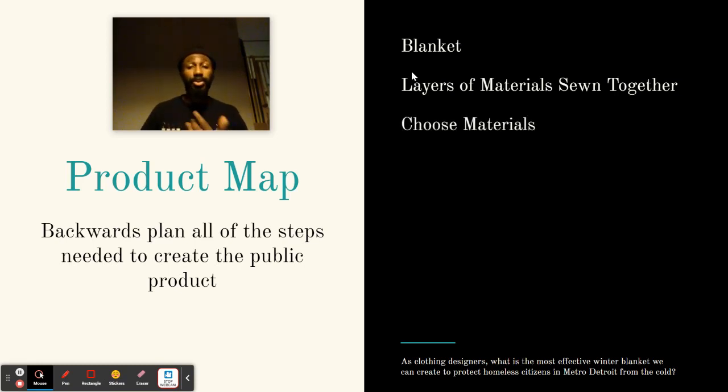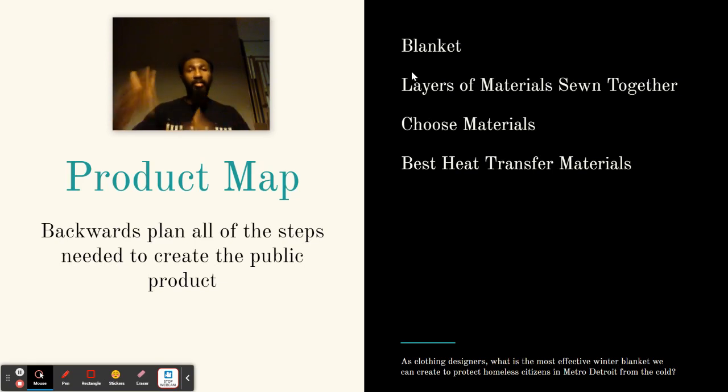Students also need to choose materials if they're going to make a blanket and sew materials together. This part of my public product gets into the most effective blanket part of my driving question. In order to make the most effective blanket, my students need to choose the best heat transfer materials.